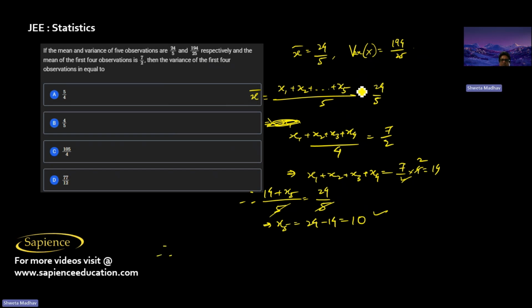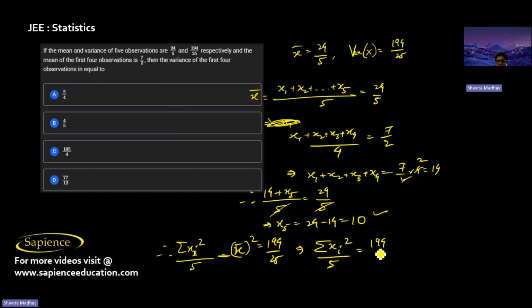Now the variance, that is summation xi square by n, where n is 5, minus x bar square, that is equal to 194/25. So therefore summation xi square by 5, i goes from 1 to 5, is equal to 194/25 plus (24/5) whole square.